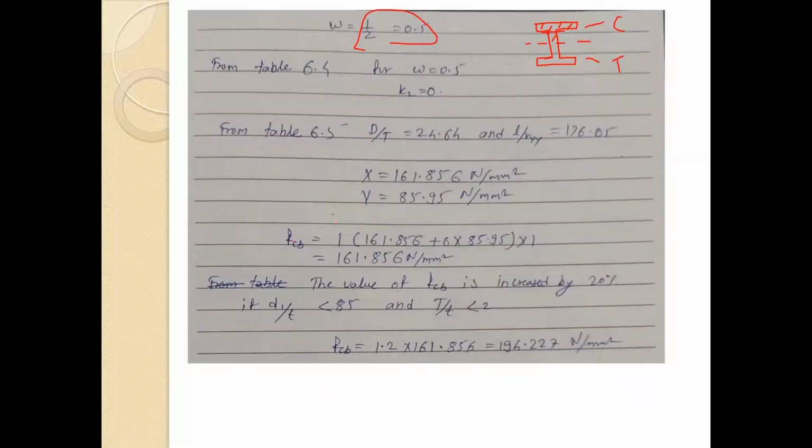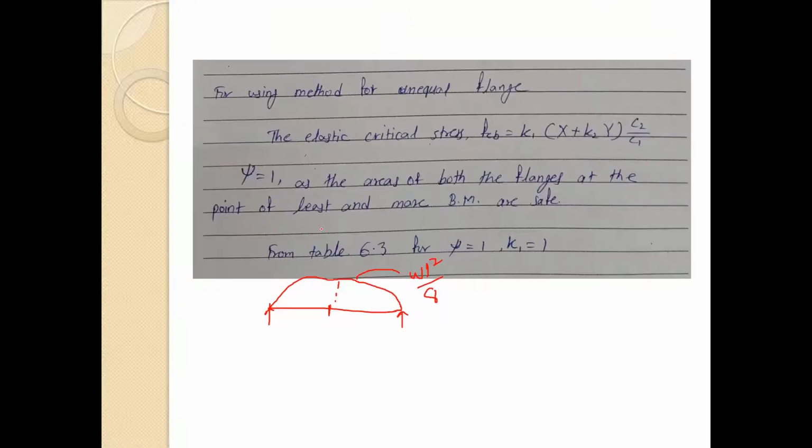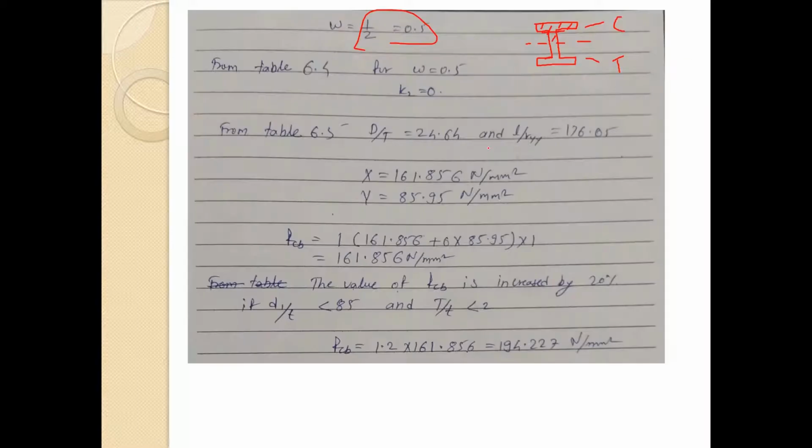So again we'll put all these things into the formula for this FCB. We'll get 1 into 161, that is X, plus 0 into 85 into 1, so we'll get 161.85 as the value of this FCB. The value of this FCB is increased if the D by t ratio is less than 85 and T by t is less than 2.